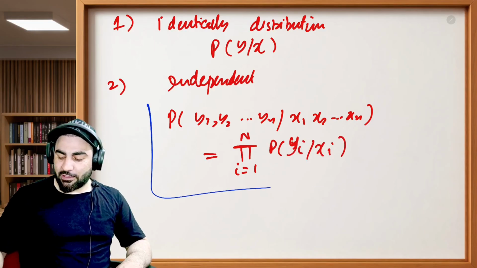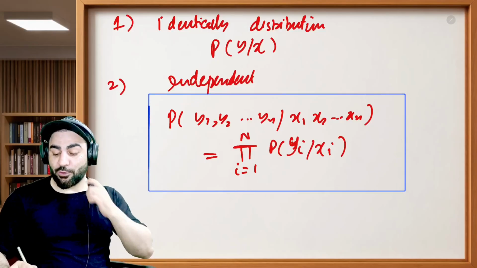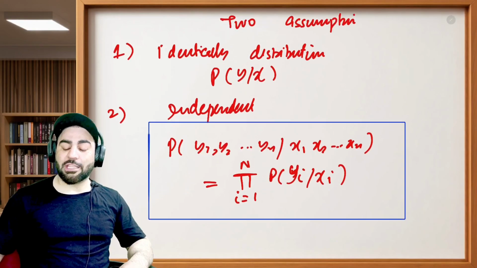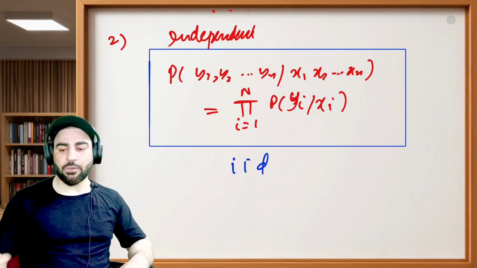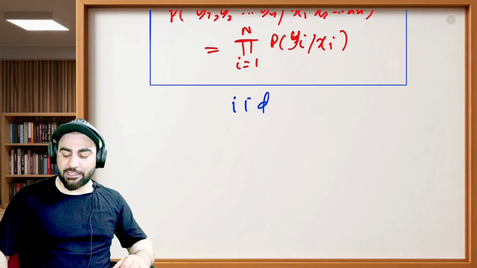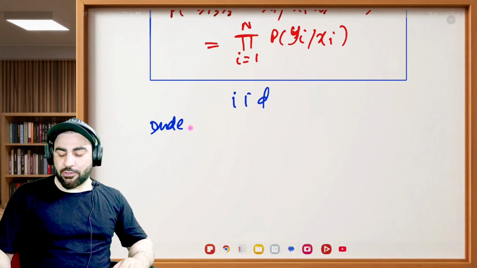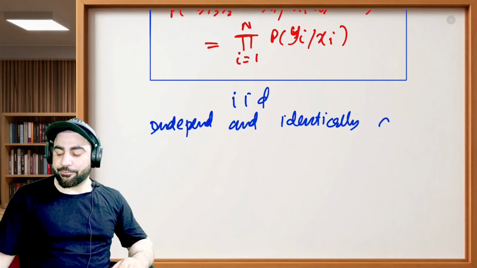If you have seen our probability lectures, you will probably understand that. I think you all have attended the probability lectures. So these are the two assumptions that we take, and this is what we call IID. IID basically means independent and identically distributed.